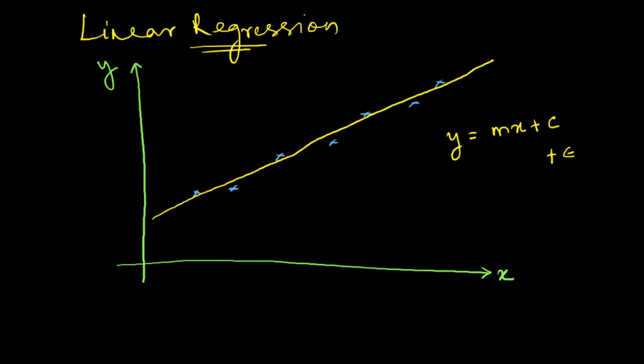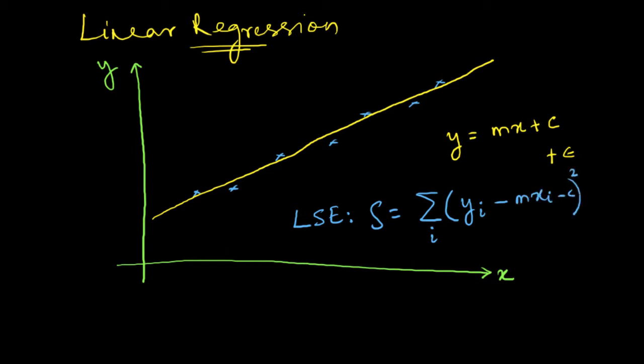And as we know from the video on maximum likelihood estimator, that if your error epsilon is given by a Gaussian, then you can use the least squares error method, which is to minimize this cost function, where your cost function is summation over i of (yi minus mxi minus c) whole square.